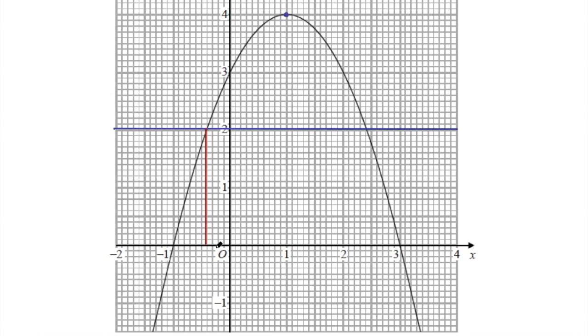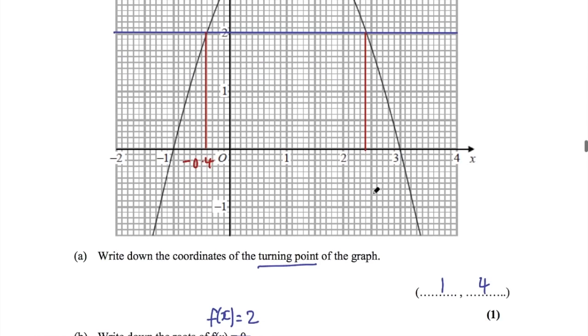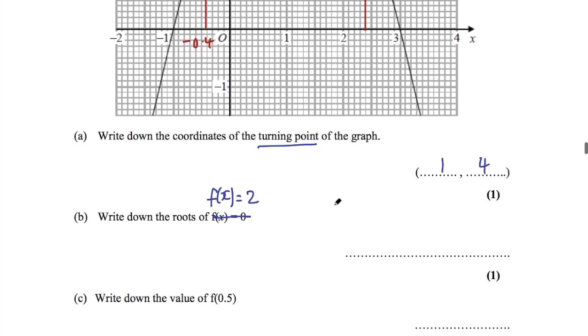So it's about here. The scale on this graph is 0.1 for every line. So 0.1, 0.2, 0.3, 0.4. That's going to be negative 0.4. And here it crosses again, and that's going to be about 2.4. So when f of x equals 2, x equals minus 0.4 and 2.4.